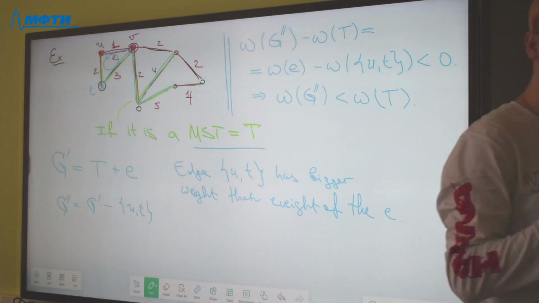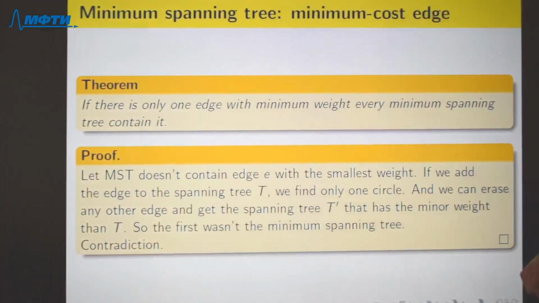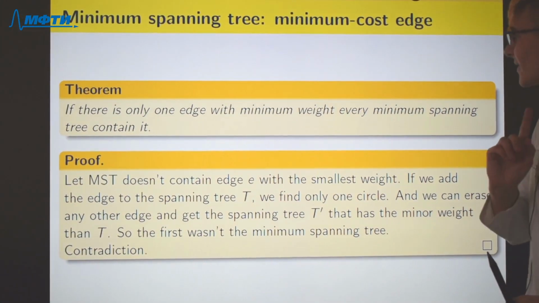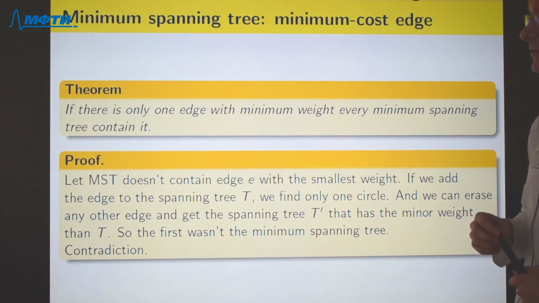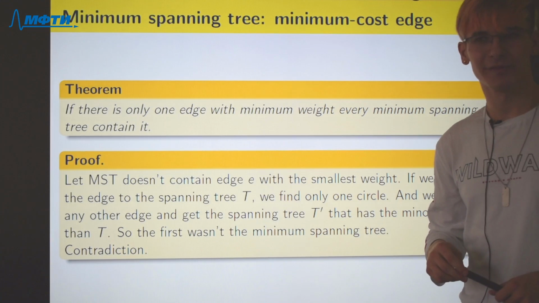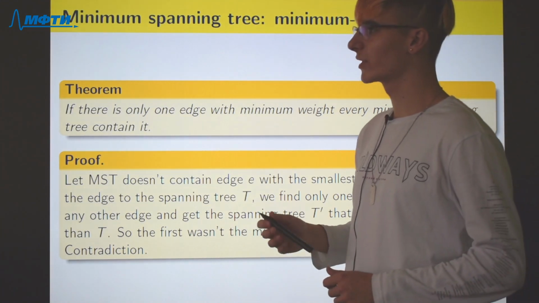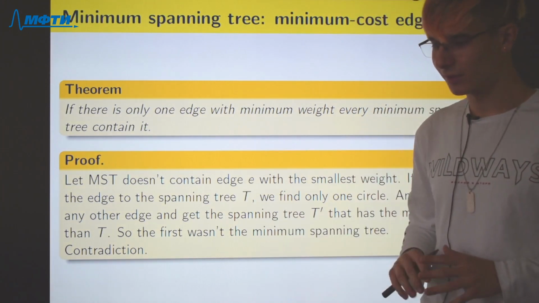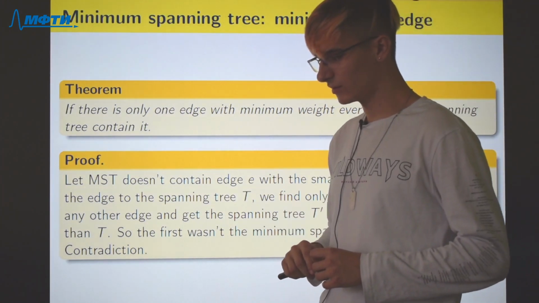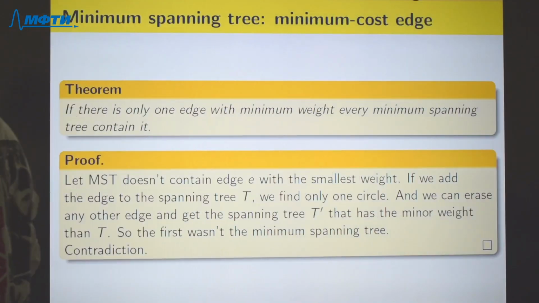Okay, yeah. This theorem is available even when the graph is directed. If the graph is directed, it is an interesting question. Firstly, we need to understand what is the minimal spanning tree of the directed graph. And of course, we can find different definitions of it.